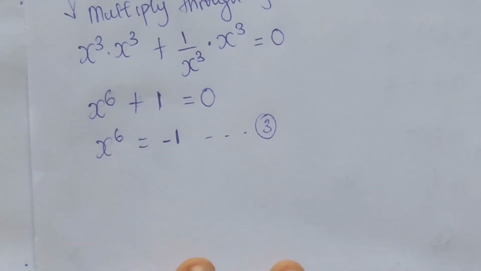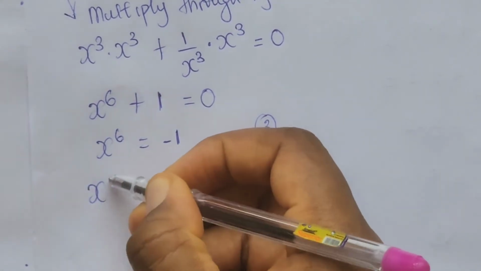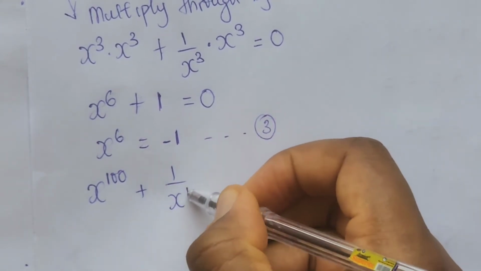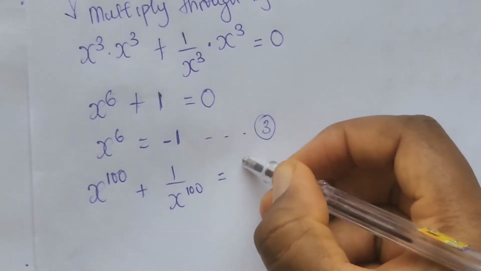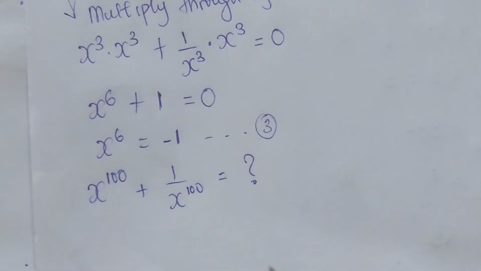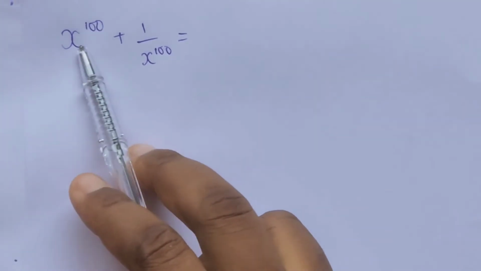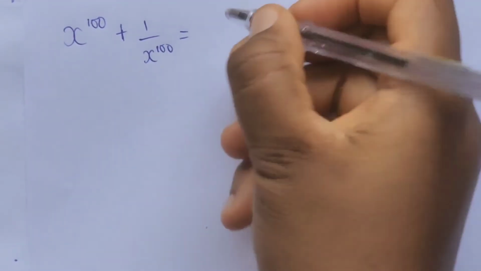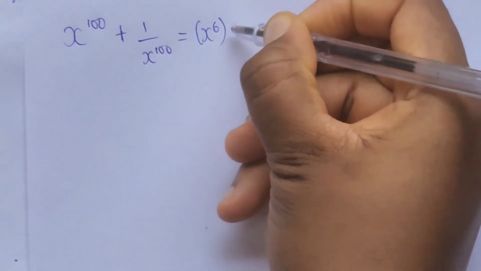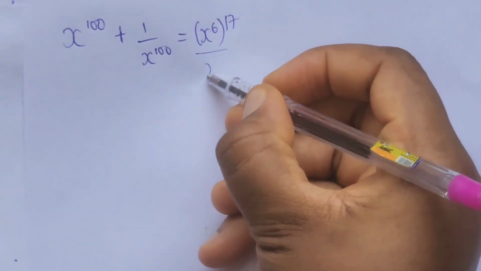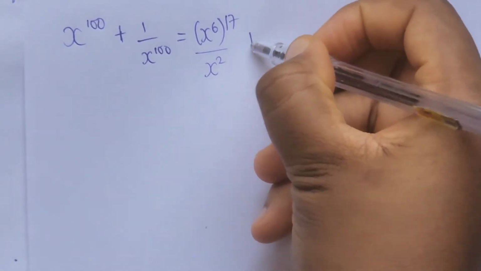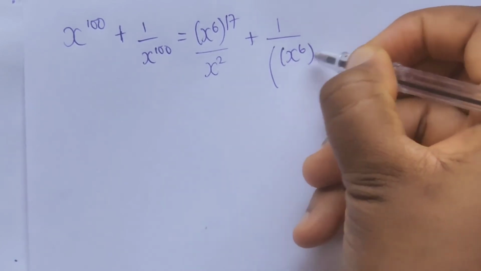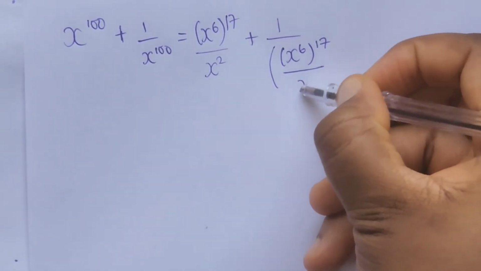So the question is, we want to find the value of x to the power of 100 plus 1 over x to the power of 100. So what would the solution be? Our x to the power of 100 plus 1 over x to the power of 100 will be equal to x to the power of 6 further raised to the power of 17 over x squared plus 1 over x to the power of 6 further raised to the power of 17 over x squared.